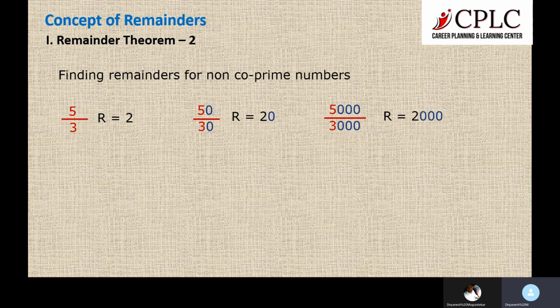Combining all these three conclusions, in a generic form: if you divide a by b you get the remainder r. So if you do ax upon bx, obviously the remainder will be rx. The same multiplying factor with which you are multiplying the original numbers a and b will be used to figure out the remainder, in place of r, rx.